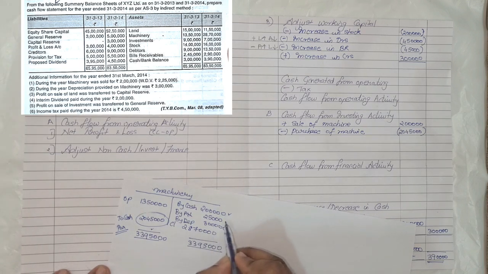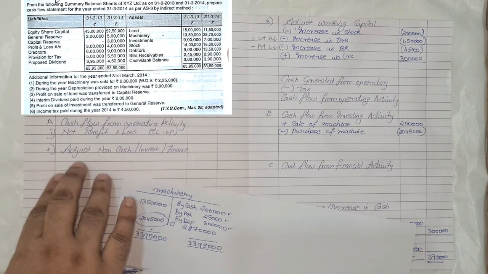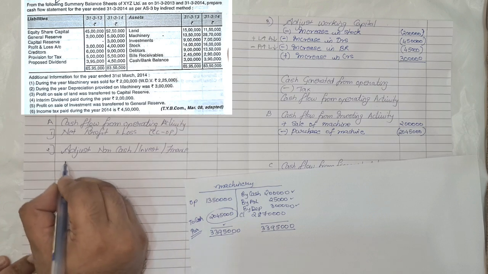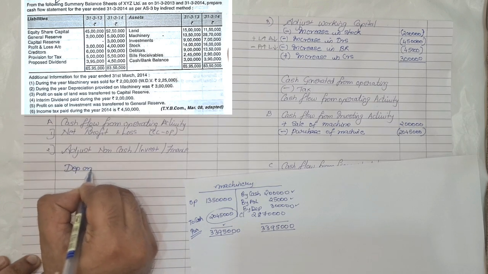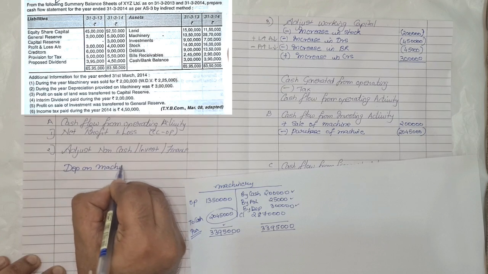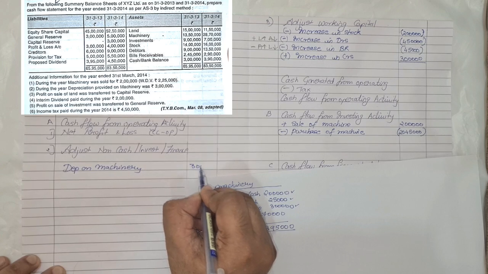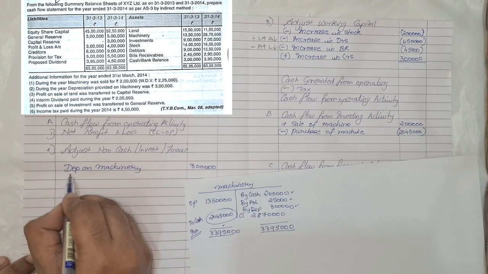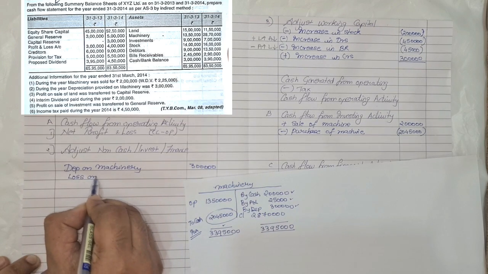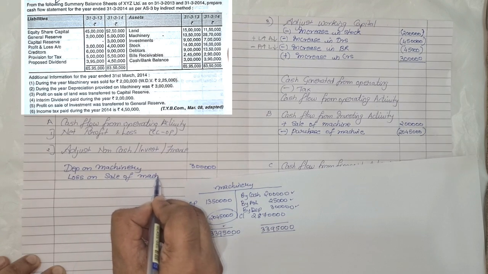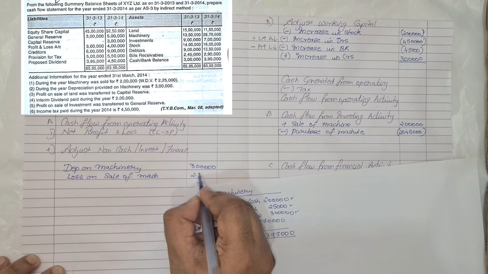Okay, so first and second. Now depreciation and loss, they both are expenses, P&L account, so we adjust them in non-cash items. So we will note down both these things. So I'll note down depreciation on machinery. The depreciation on machinery was 3 lakhs and loss on sale of machinery, okay, it was 25,000.